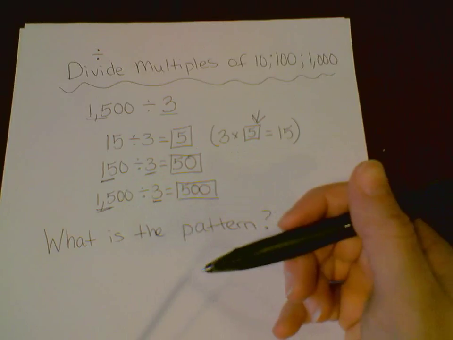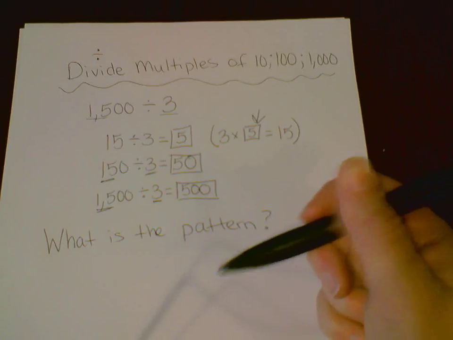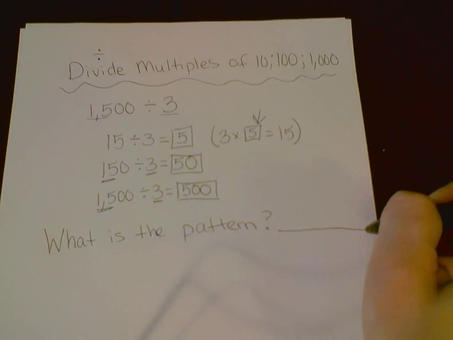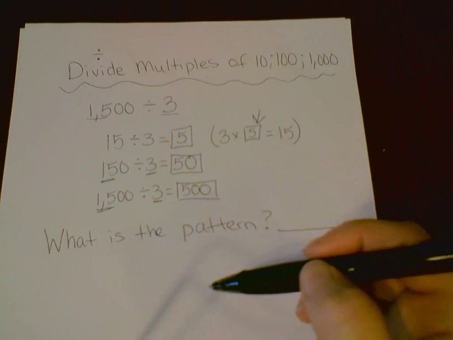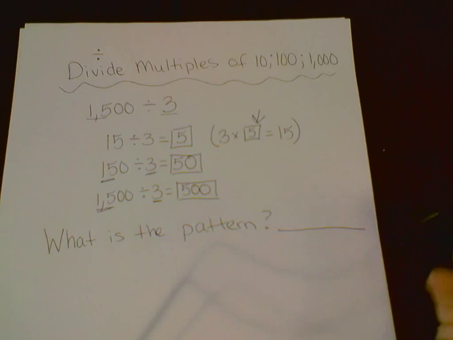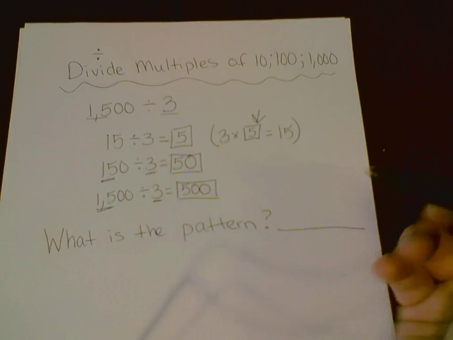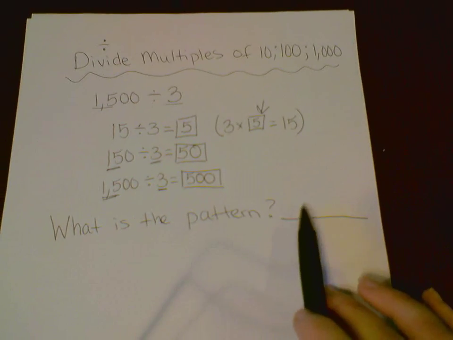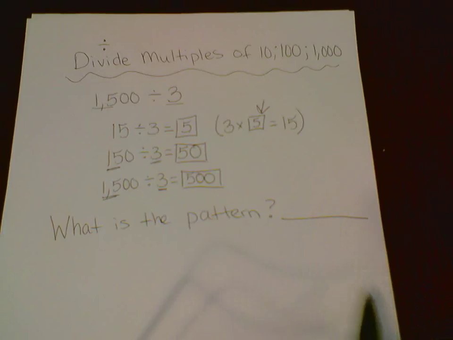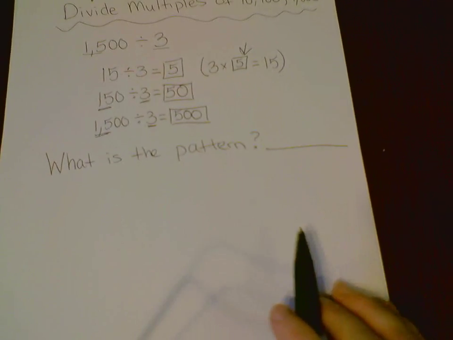Is it also similar to multiplication and what we did with zeros there? Maybe it is, maybe it's not. You're going to pause the video, write down your answer, push play when you're done, so that we can do a couple more problems together to get some practice. But tomorrow we're going to go over what the pattern is and what our different thoughts were, okay? So pause the video, and when you push play, you have an answer to come ready to class tomorrow. And then now let's go ahead and do some extra practice problems.